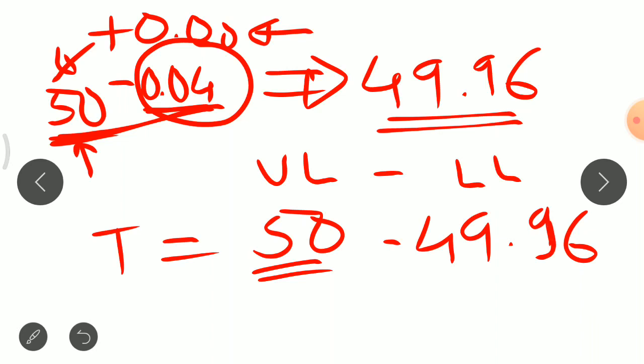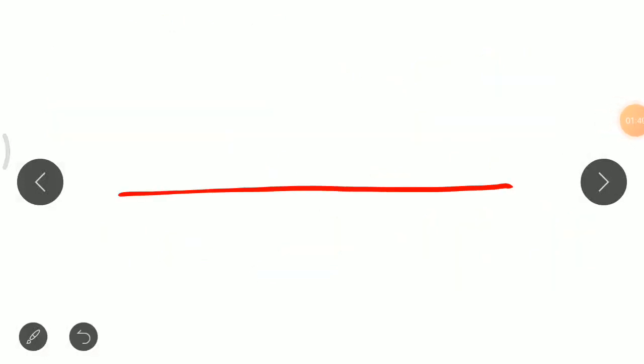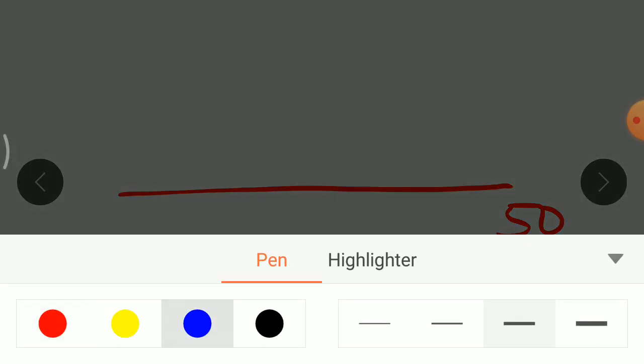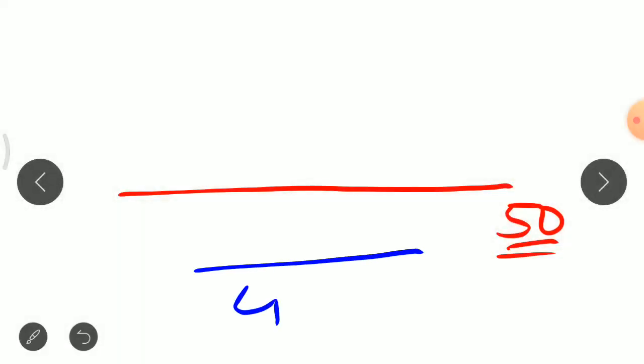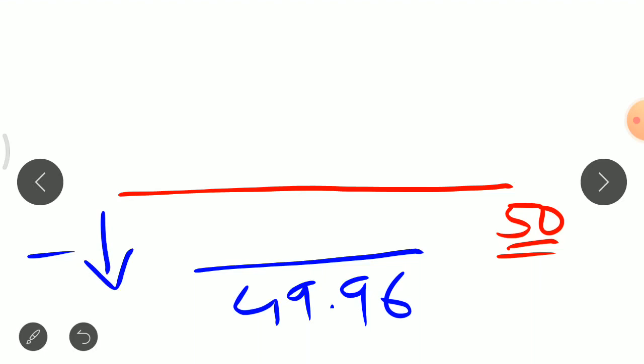Now we draw both values in a diagram and try to find out whether it is unilateral or bilateral tolerance. This line indicates the value 50 mm, the basic size, and the value after calculation is 49.96 mm in the downward direction, that is in the negative zone, and the upper value is 50 mm which is on the baseline.